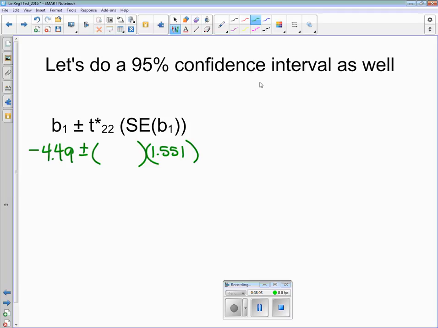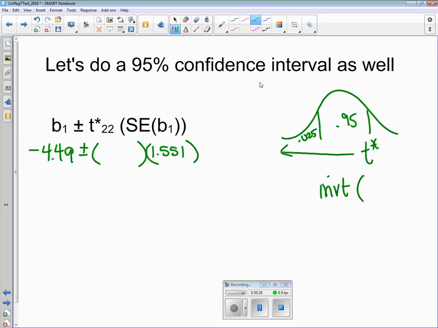Okay, so I have 95% confidence, so I'm going to go ahead and do my 95 in the middle. Remember, t star is this number. We want to go to the left. What is one of the tails going to be? 2.5% or 0.025, which means to find t star, inverse t, what goes in it? 0.975.